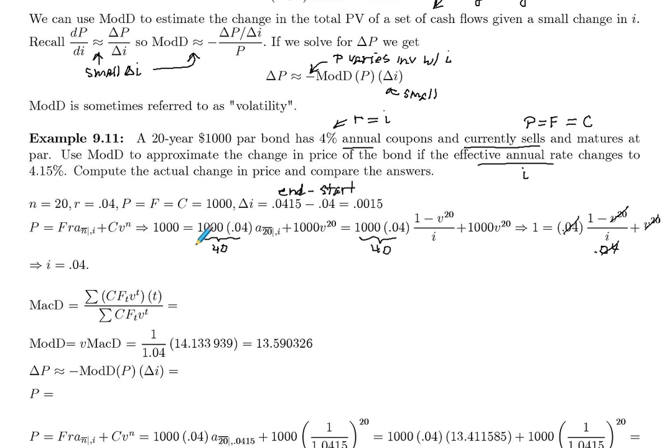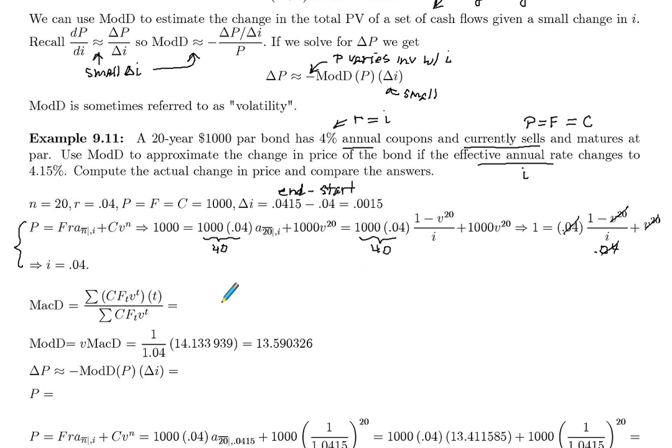We had talked about this before, so it's just kind of reminding here. If you purchase and you mature at par, then R is going to be equal to I. So that's why our I is 0.04. This is just kind of parenthetical to justify that that's 0.04 right there.